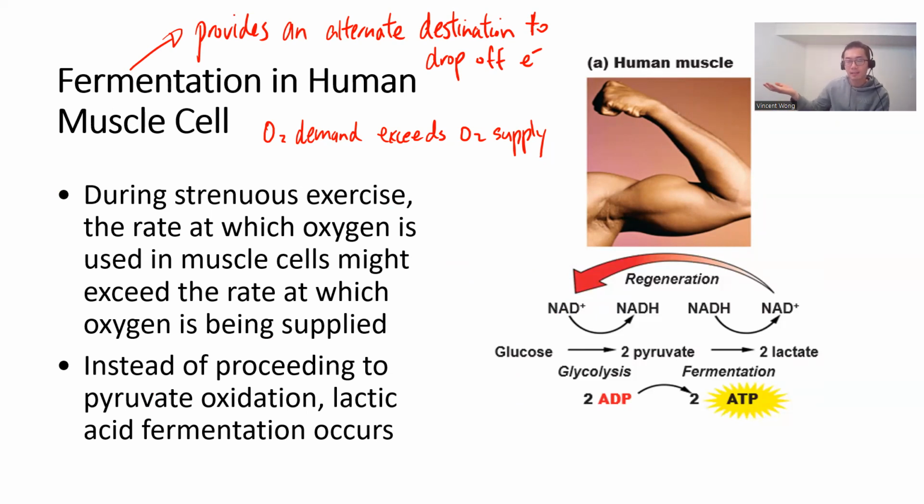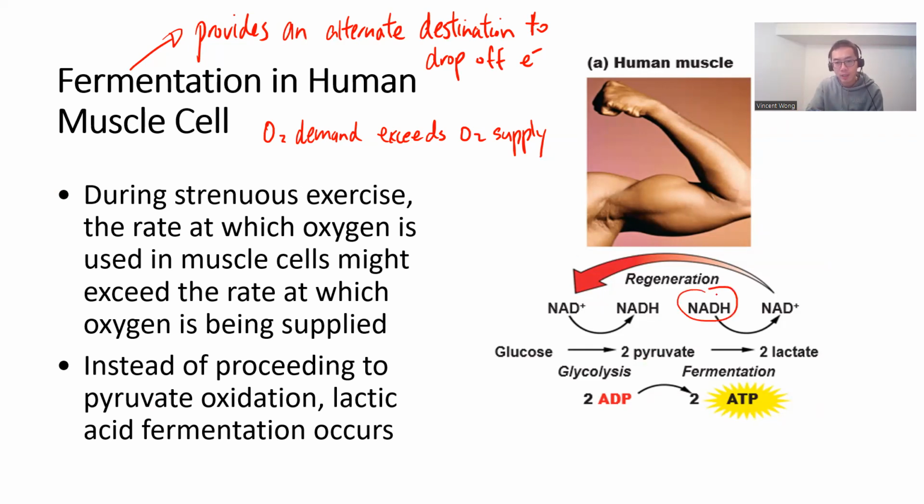Because the ETC is pretty clogged up at this moment. You don't have enough oxygen. There is still oxygen, but just not enough to pull off all the electrons. So that is like having a traffic jam right now. So you want to provide an alternate destination to drop off the electrons so that glycolysis can keep on going. Remember, glycolysis doesn't require oxygen. You can keep on producing 2 ATPs. It's not a lot, but it will keep you going a little longer.